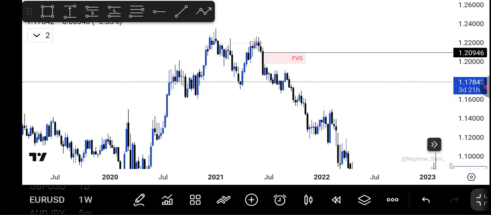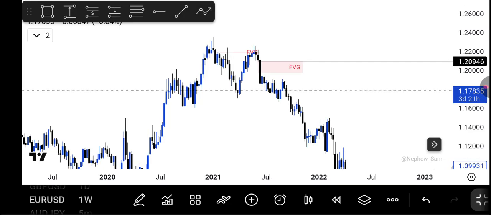For your point of interest to be valid, you need something we call imbalance or FVG, fair value gap. For any order block or point of interest that you may be using to be valid, you need FVG or imbalance in the market.